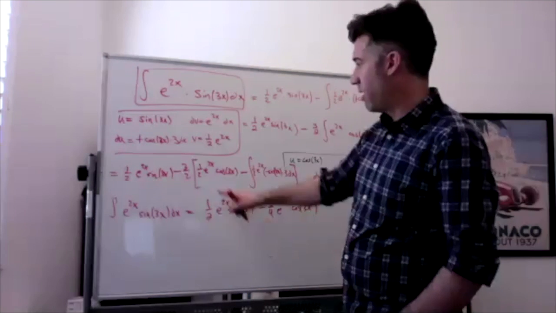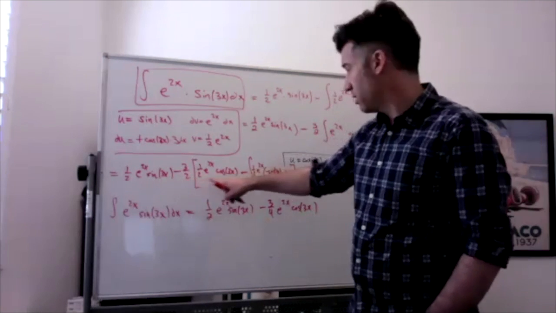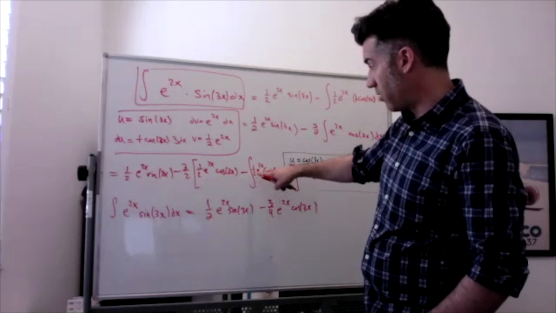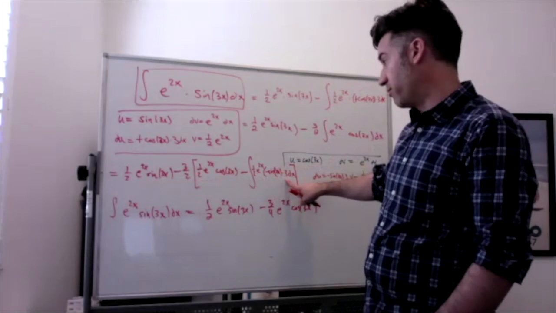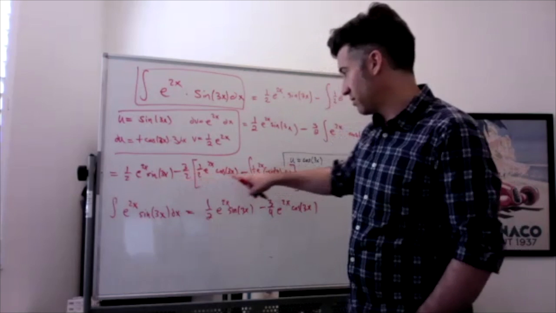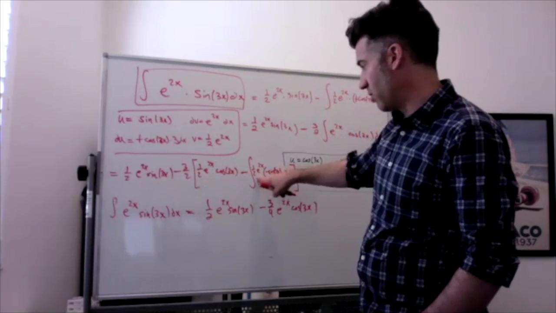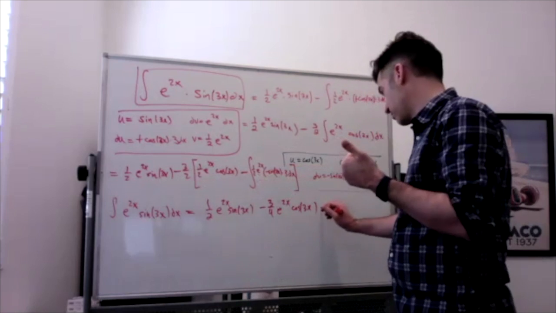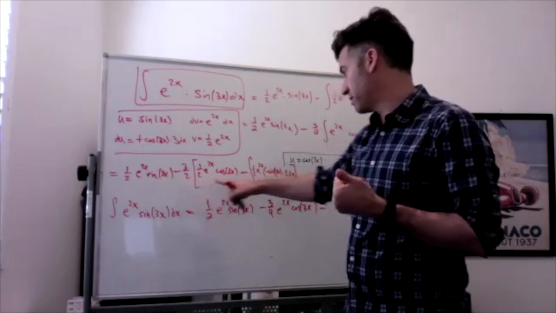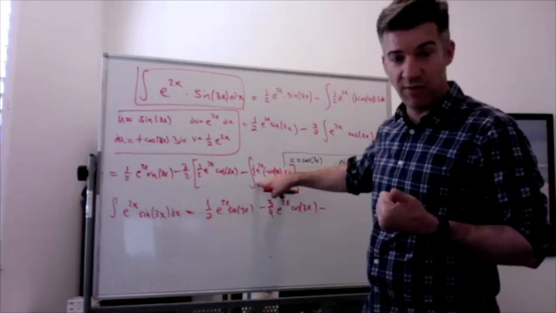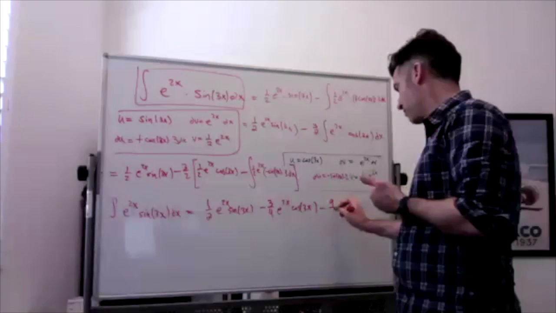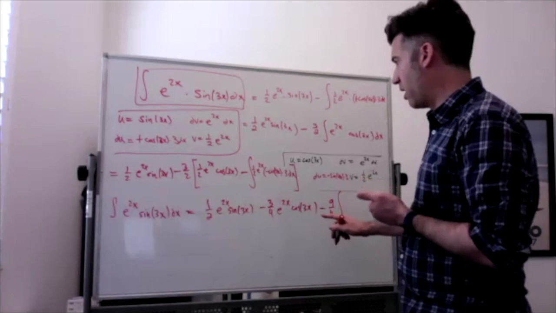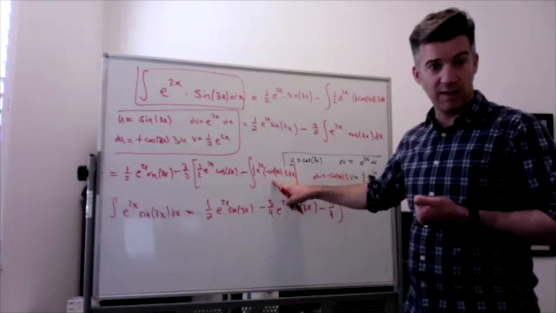And then we have a minus 3/2 times a minus another 1/2 times 3. It's a minus, a minus, a minus, so it's a minus. And it's a 3/2 times another 3/2, so 9/4 times the integral of e to the 2x times sine of 3x.